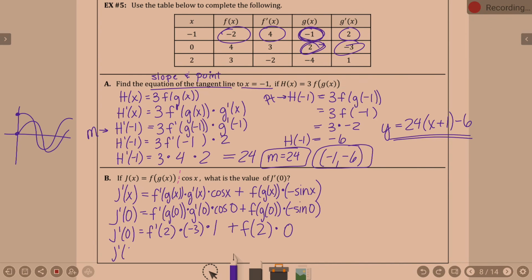Okay, f prime of 2 is -2, times -3, times 1, plus... I don't really care, but what is f of 2? 3. And why do I say I don't really care? Because it's times 0. So the answer must be -2 times -3 times 1, which is 6, plus 0 if you want to get technical. There.